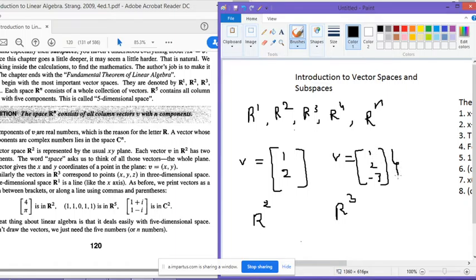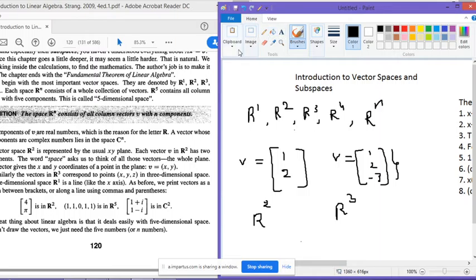In this case the vector V has three components, that is 1, 2 and minus 3, so it's a three-dimensional space and can be written as R power 3. Likewise there might be a five-dimensional space and so on.